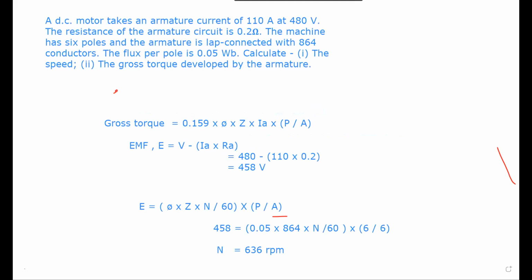Something wrong? No, no. No, sir. I just thought you missed that P. Okay. Gross torque formula is also here. Everything is here actually.